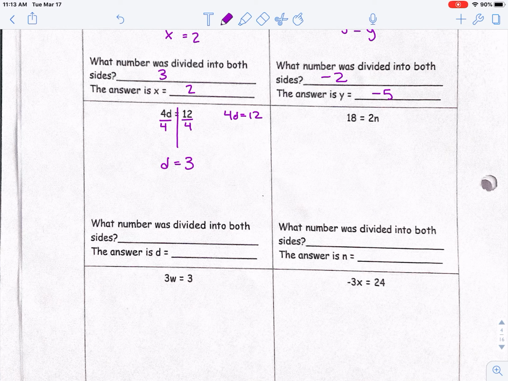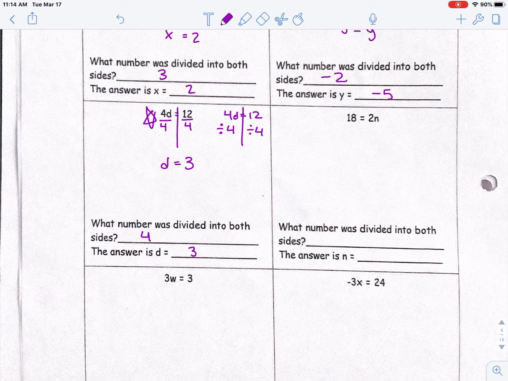That's truly the best way to do this, but if it really is super confusing to you, you can write it out like this for me, but just know in the high school, they won't like that. They will only want it to be done like I've been doing. And again, we get d is equal to 3. So what number was divided into both sides? This time we had 4, and our answer was 3.